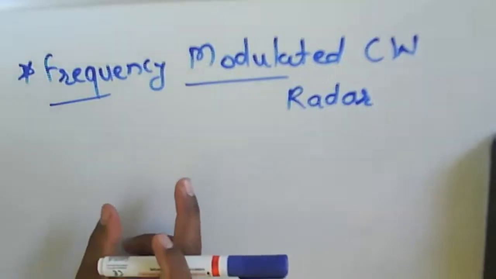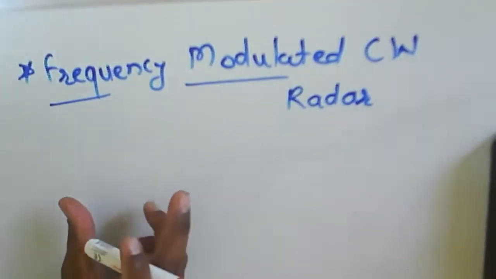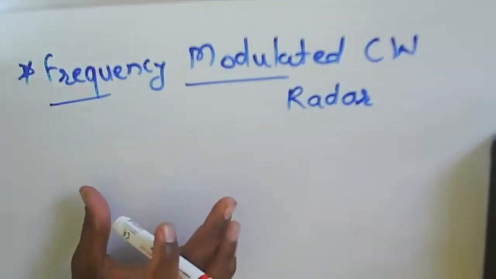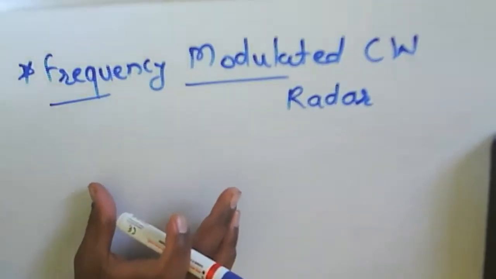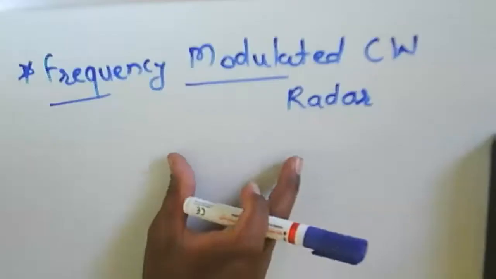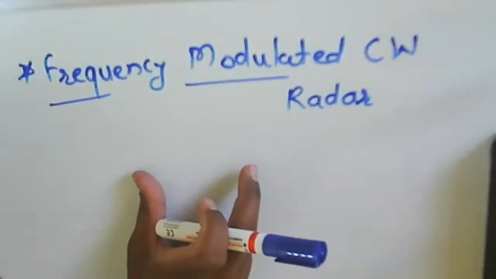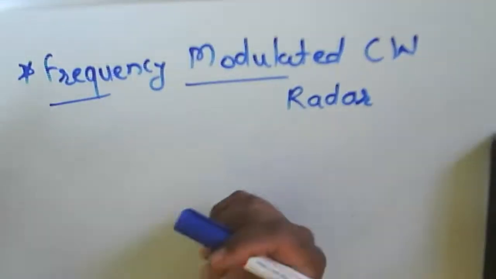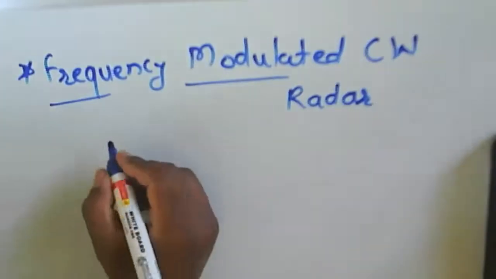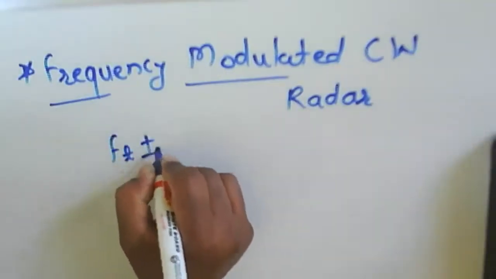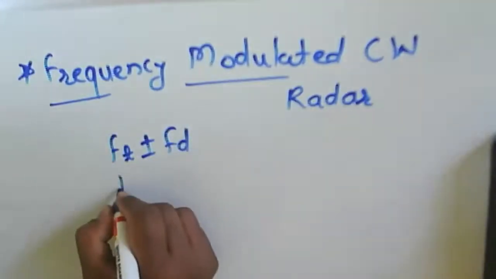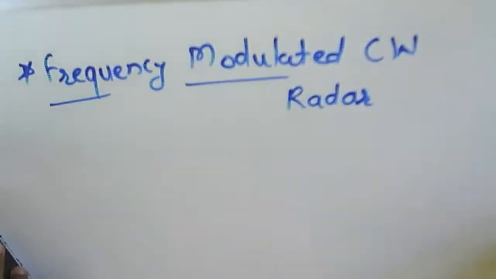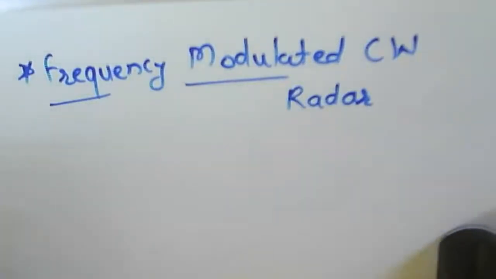We have seen earlier the CW radar. If you consider that the band of that CW radar is a narrow one as compared to the transmitted waveform, because we considered earlier ft plus or minus fd, what will be the bandwidth of operation for the transmitted waveform and the bandwidth for the received wave.